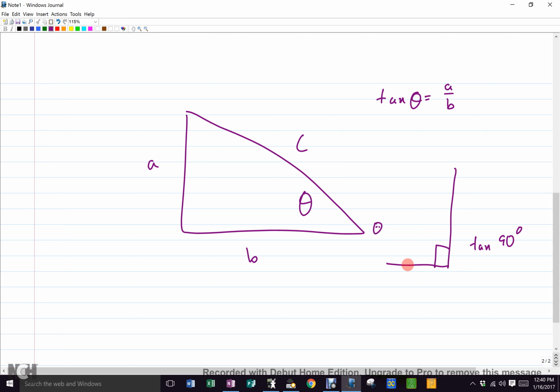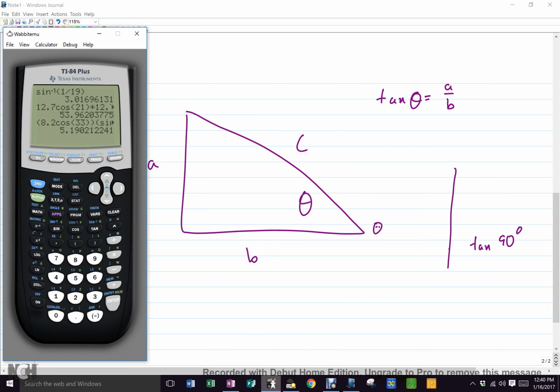Do I have my adjacent? No. So tan of 90 can't exist. Go to your calculator. Tan 90. It doesn't exist, right? And that makes sense, doesn't it?